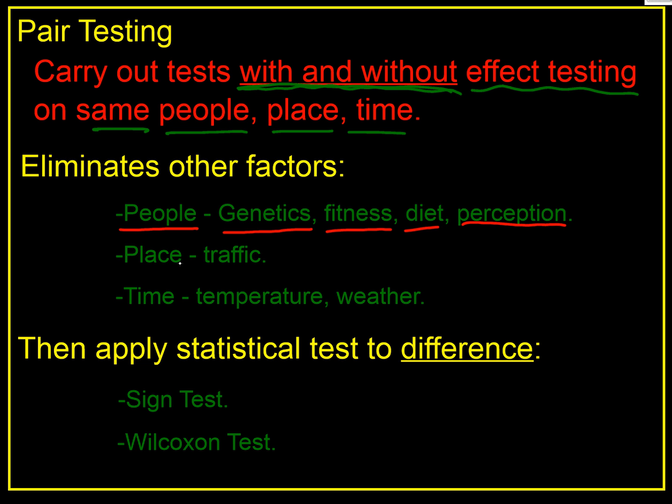We could alternatively look at a place. So for example, if we were looking at traffic and the setting up of the traffic lights at a particular corner and adjusting the timings on it, there would be no point in doing it at two different places, would there? You'd want to do it at the same place, and you may well want to do it at the same time of the day. And that's the other thing we might want to measure, we might want to be doing everything at the same time of day, because we might want the same temperatures.